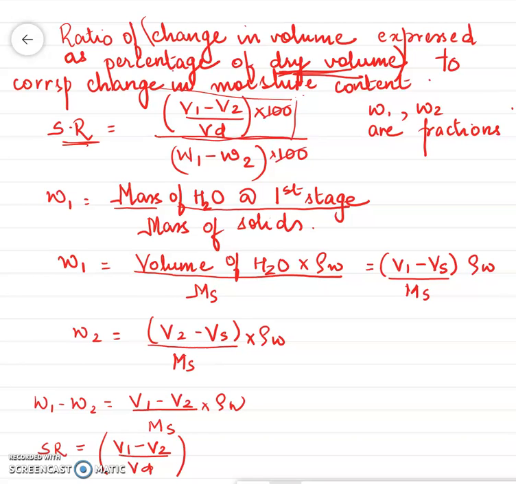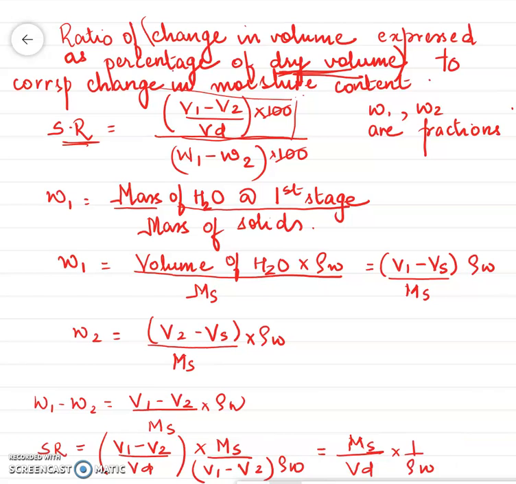So I'm writing V1 minus V2 upon VD, and this W1 minus W2, I am writing inverse because it comes in the denominator, into Ms upon (V1 minus V2) into rho W. So this will be given as Ms upon VD into 1 upon rho W. What is Ms upon VD?